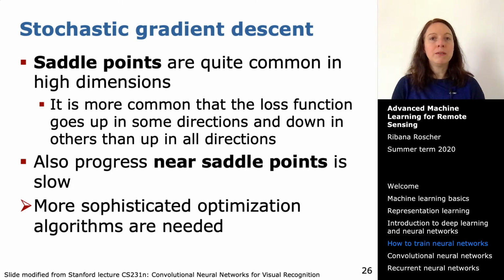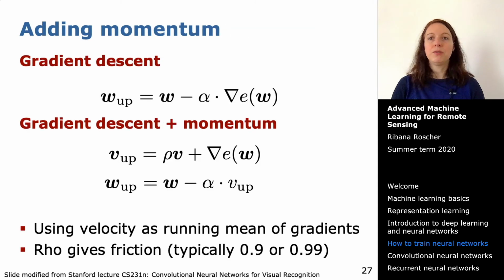And even if you manage to not get stuck on the saddle point, if you are very close to a saddle point, the progress will be very slow. Therefore, you need a more sophisticated method.